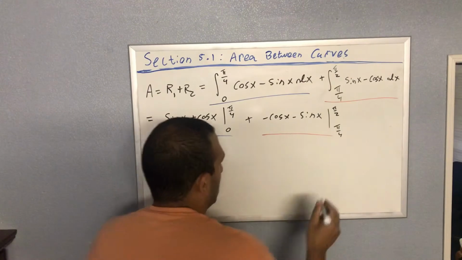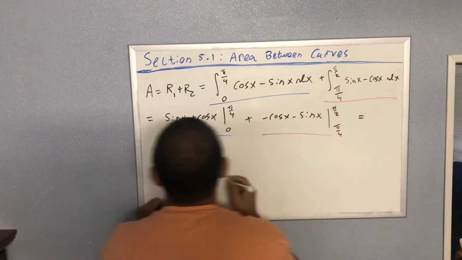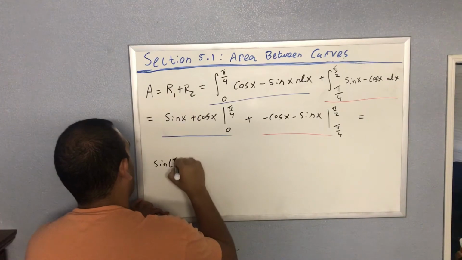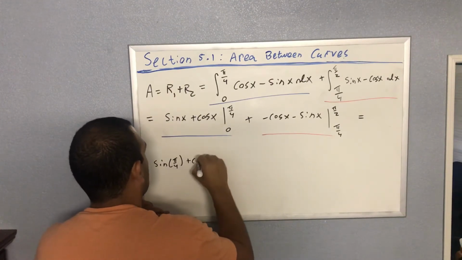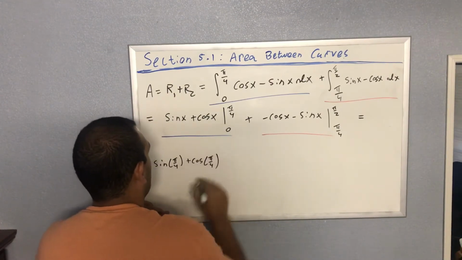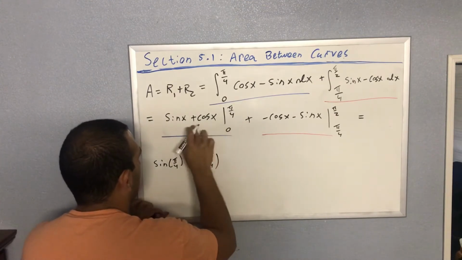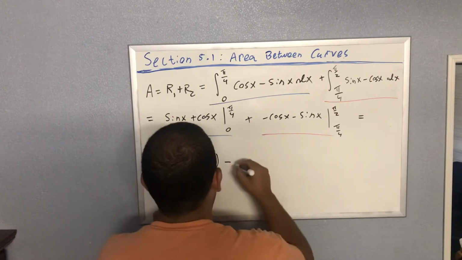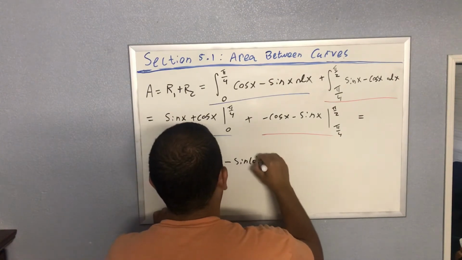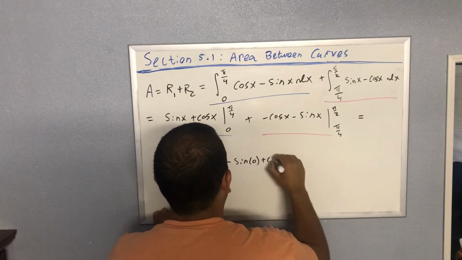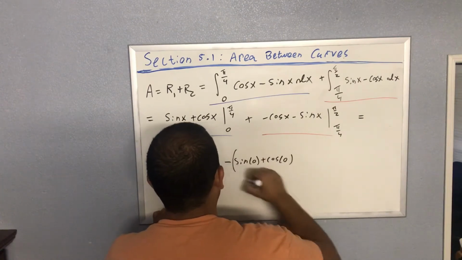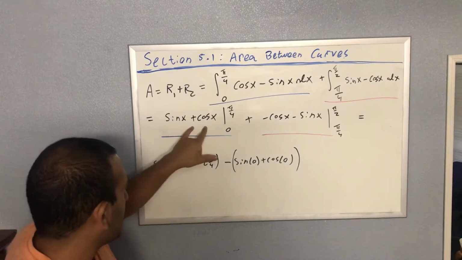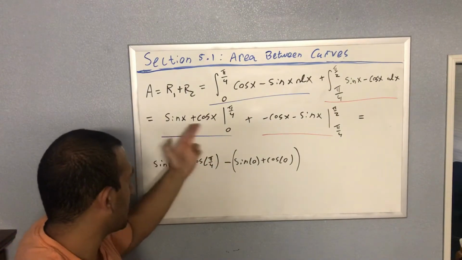Okay, so then this is going to be the sine of pi over 4 plus the cosine of pi over 4. That's what happens when we stick this guy in there. And then all of this minus the sine of 0 plus cosine of 0. But again, this needs parentheses here, because this expression is not just a single quantity.